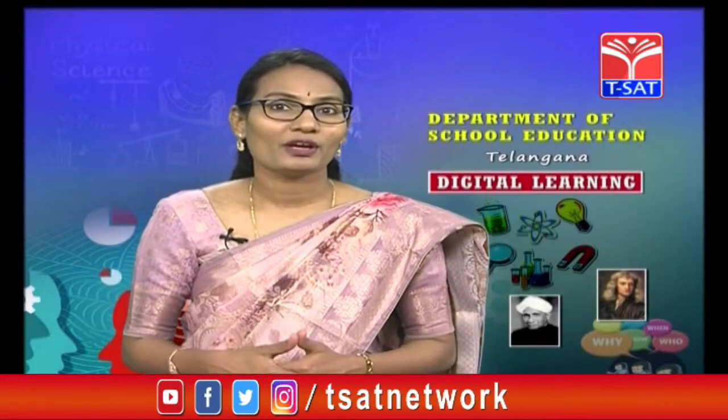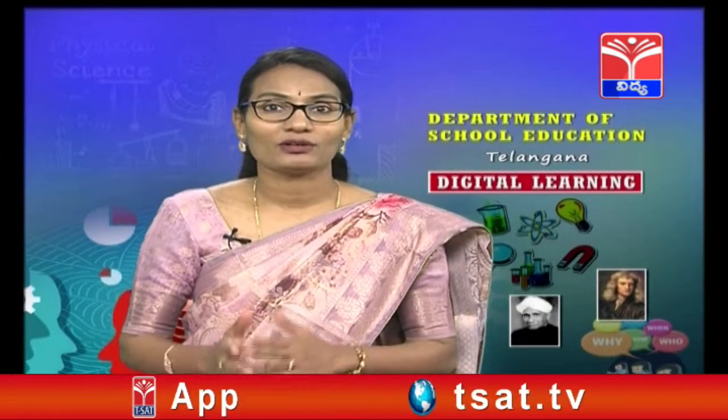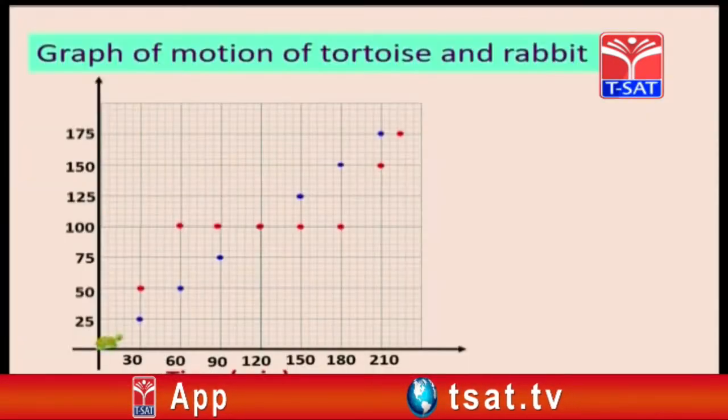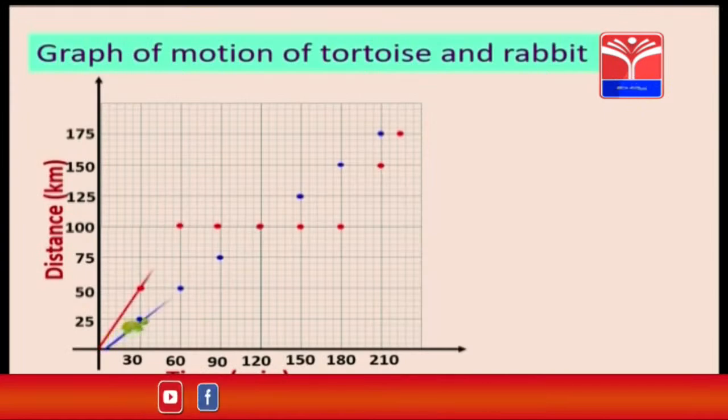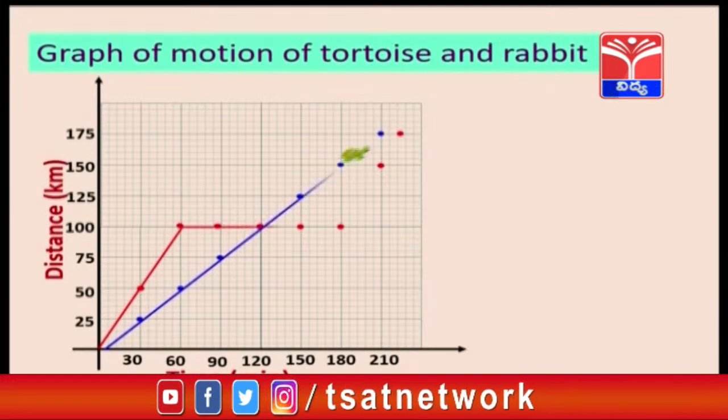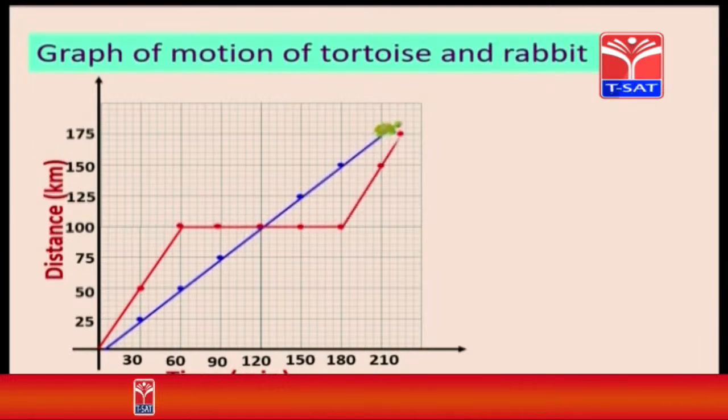So now we are going to draw the graph for the motion of the rabbit and the tortoise. Observe here. For the tortoise and rabbit, this is the graph. What do you observe? This red line represents the graph line of the rabbit and the blue line is for the tortoise.